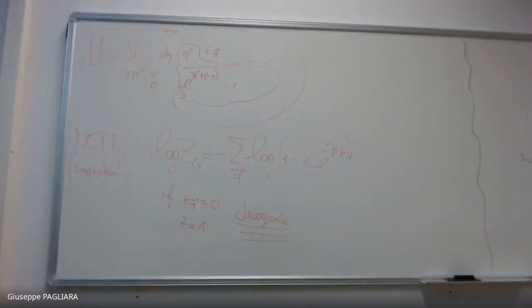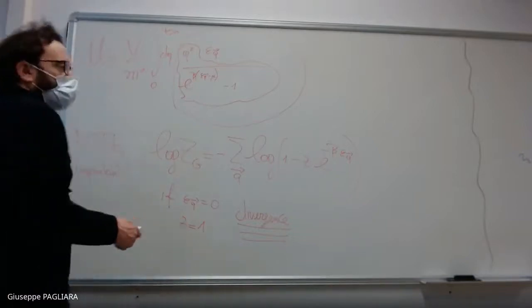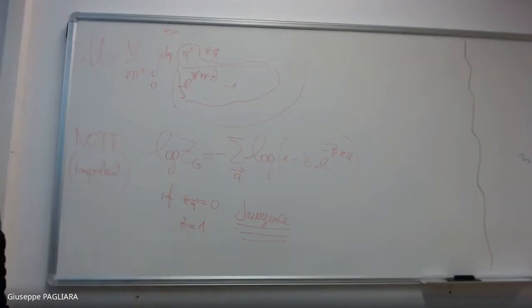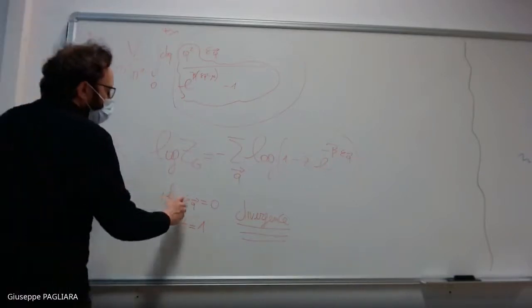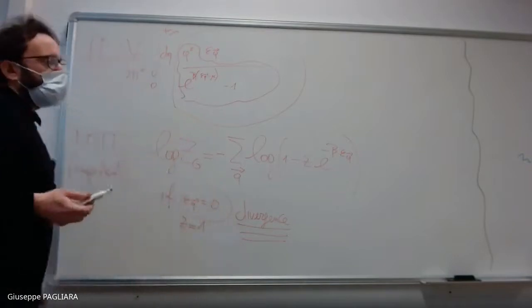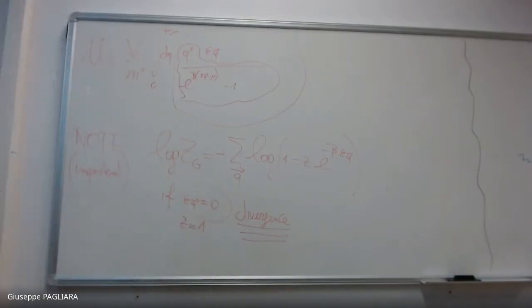And this divergence is telling us that it is possible in this condition to have a finite occupation number for the ground state. Okay, so epsilon q equal to 0 is the ground state energy of a particle having momentum 0.